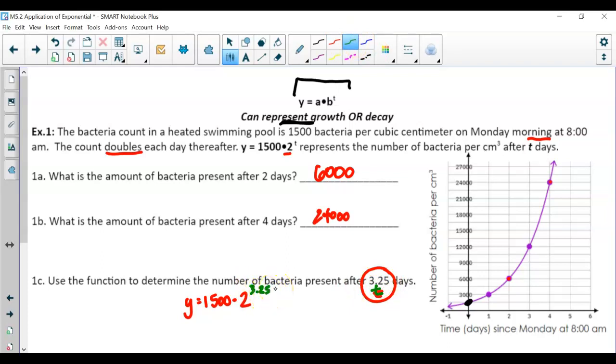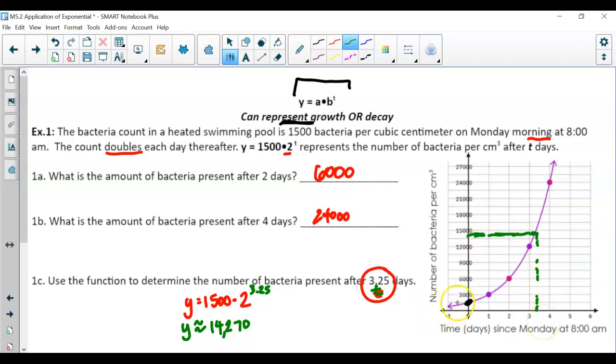So now put that in the calculator, and y, or the amount of bacteria, is approximately, when you put this in the calculator, you get about 14,270 bacteria, which if we were to look here, 3.25, let's say I'm estimating, right, is right about, yep, somewhere between, so in that 14,000 range.